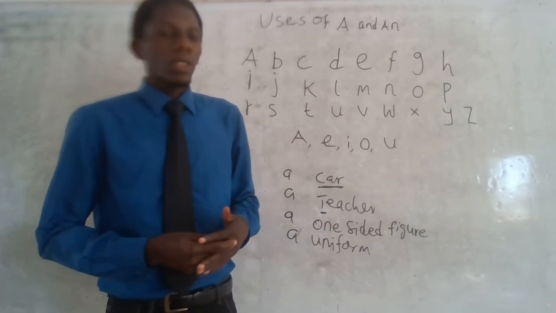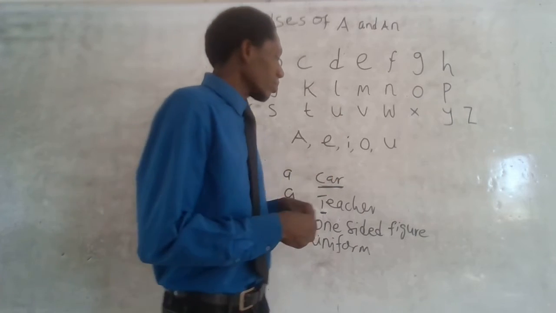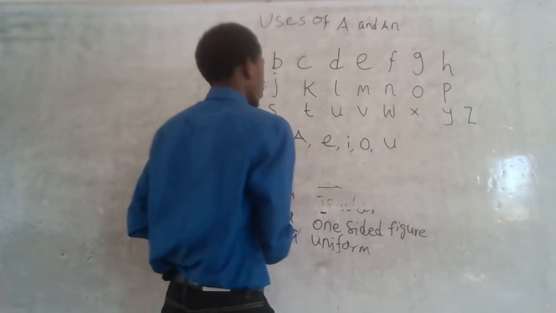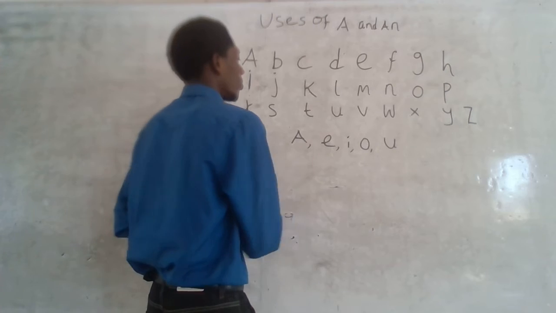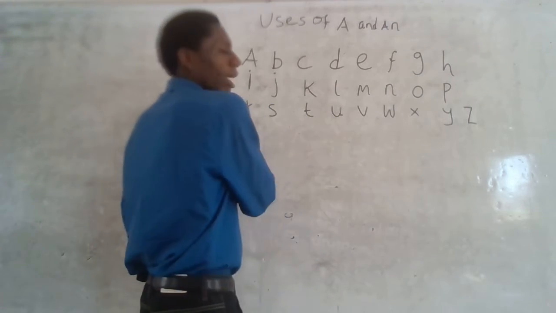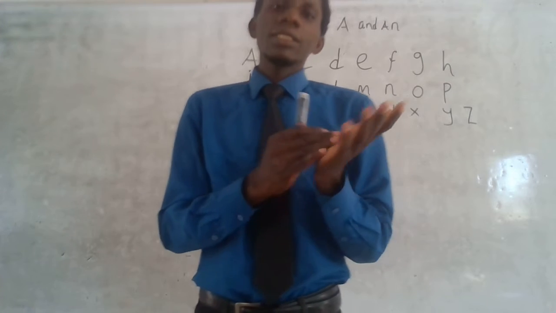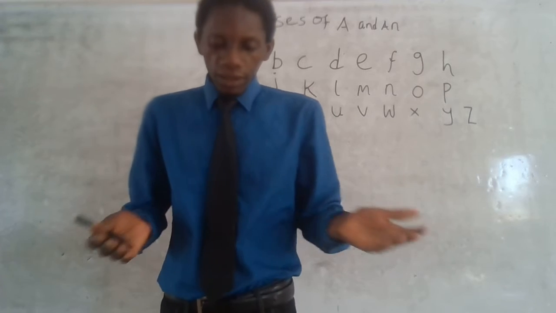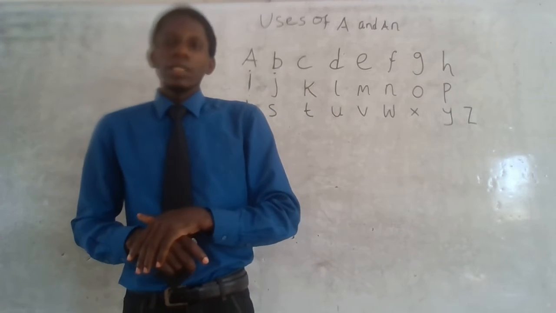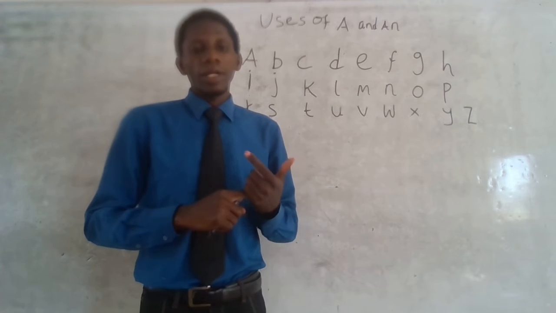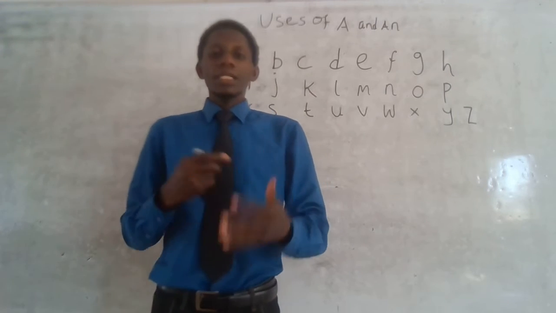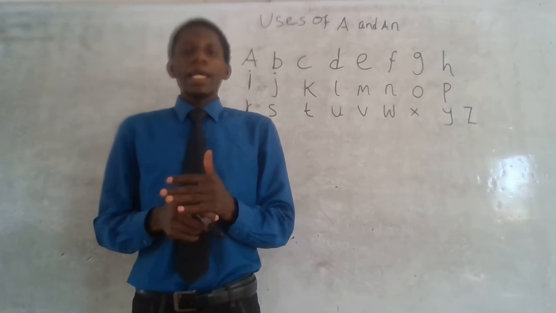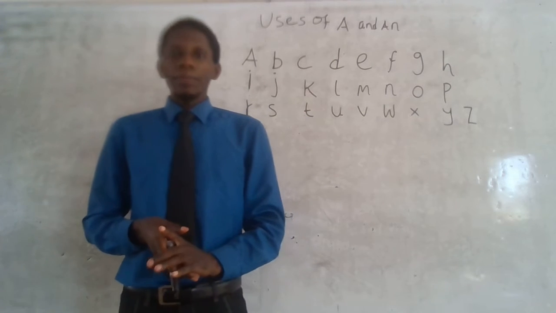All right. So let's see how we can use an. Now remember that an is used when a word begins with a vowel. We use it where the first letter of a word is a vowel. For example, I can say an ice cream.